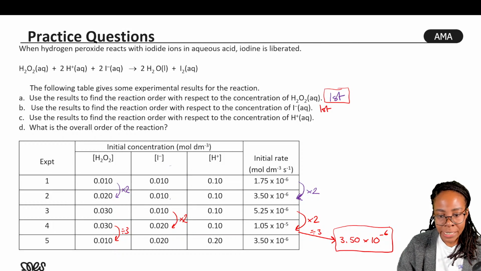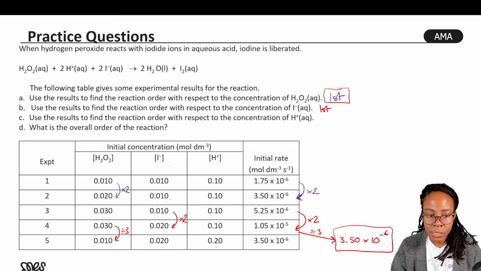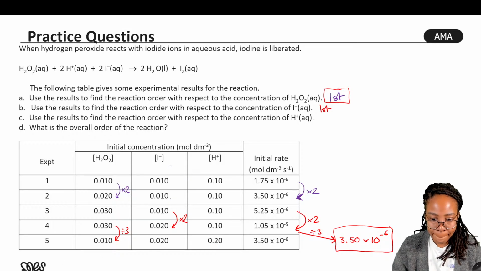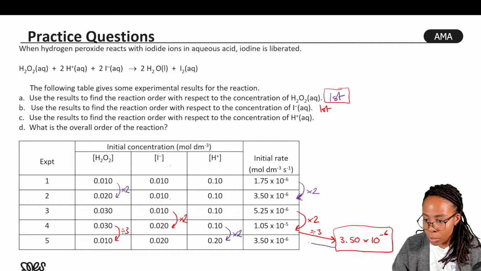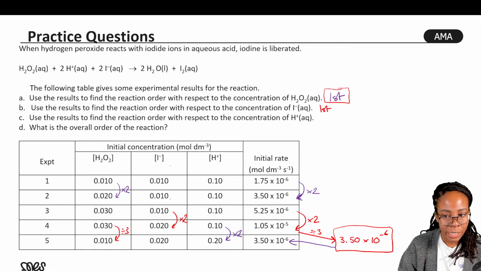Because we've already taken into account what the H2O2 did, now we can look at what the H plus is doing. Now the concentration of H plus is being multiplied by 2. What is happening to this new imaginary rate and the actual initial rate?